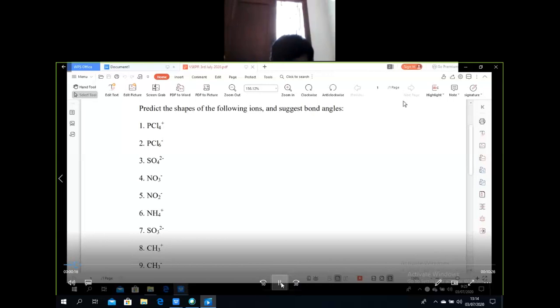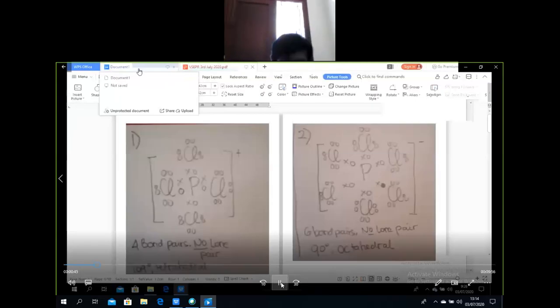For these ions, you have to draw the structures and also state the number of bond pairs, number of lone pairs, the angle, and the shape. Let's see from number 1, PCl4 positive.